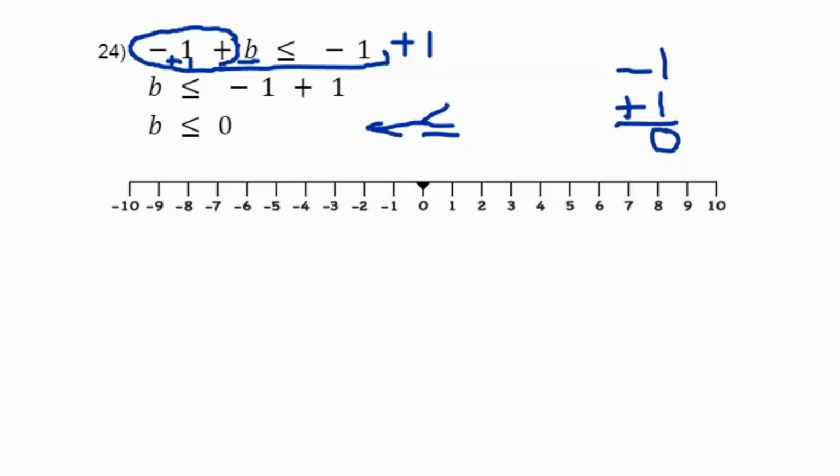So you will see the arrow approaching towards the left hand side, and it's going to be a closed circle. So b is less or equal to 0. We'll come to 0. Where is 0? This is 0.